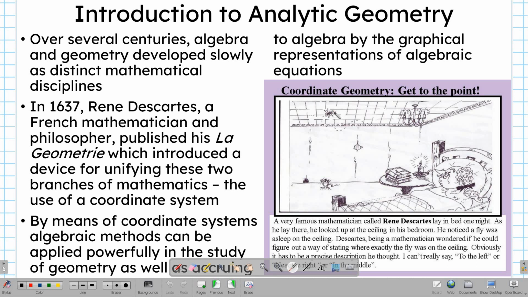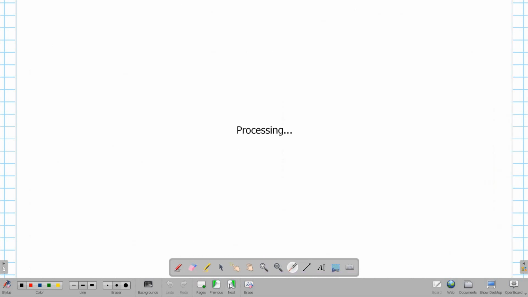Doon niya na naisip na ang exact location in space is a point. Pero he can't really say to the left or to the right or to the middle kasi wala naman siyang basis nun. From there on, René Descartes was able to develop the coordinate system for him to be able to algebraically describe locations. So how was he able to do it?